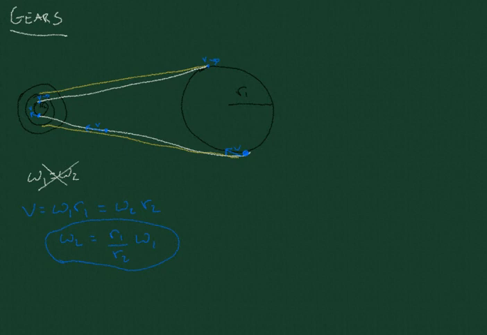But now when we've moved to the next gear, it's not going to be spinning as much faster. And then if we go even higher to the next gear, it's spinning even slower.